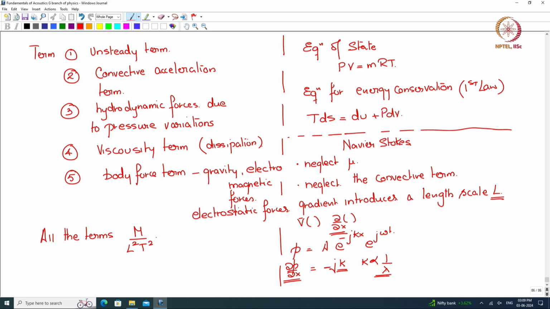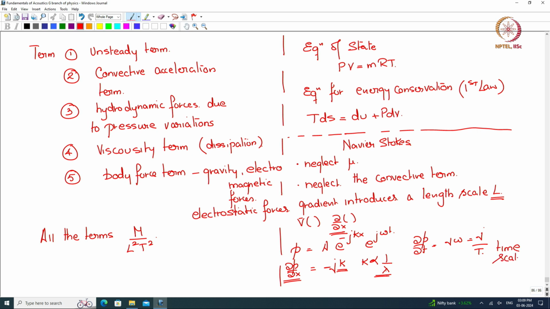And a temporal derivative, del p by del t, brings about a j omega, which is j over the time period T. So it brings about a time scale in the denominator.